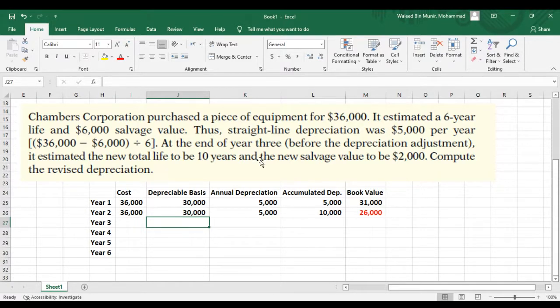How do we calculate? You should know how to calculate. Yes, how do we calculate? Why 34, Abdul Aziz? I'm saying what will be depreciable basis? You have to understand. Here, what should be the answer?